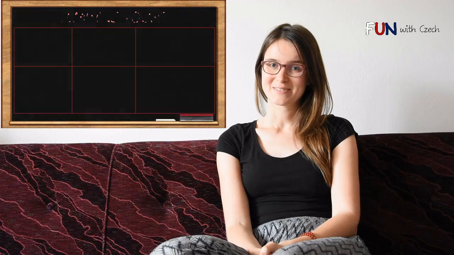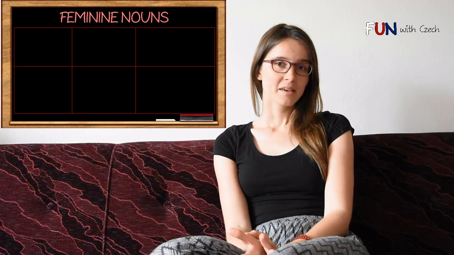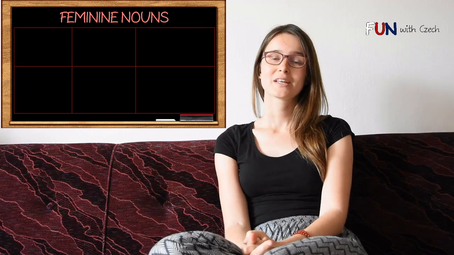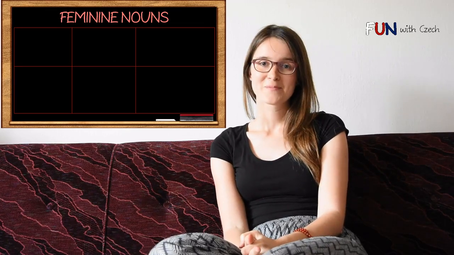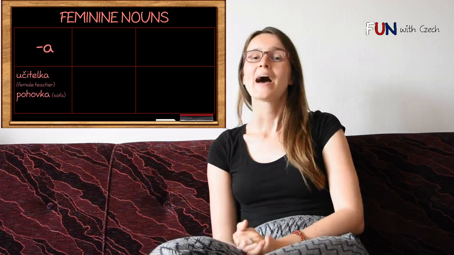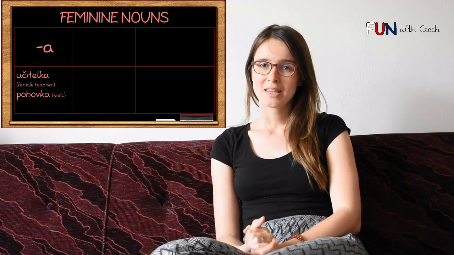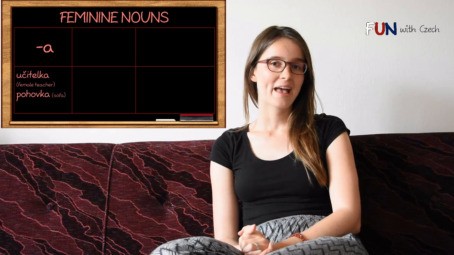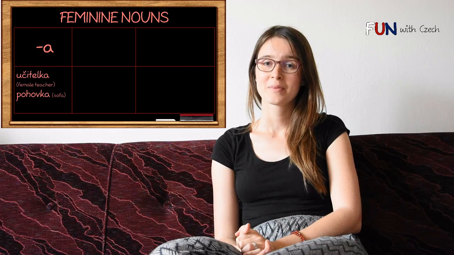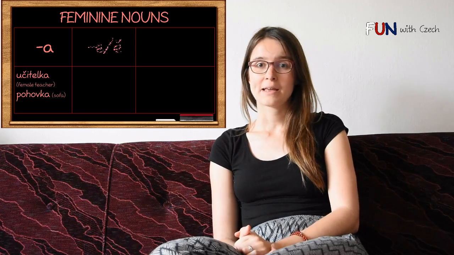The second group we are gonna analyze are the feminine nouns. The feminine nouns, as we've already said, usually end with a. A is the typical ending for feminine nouns. However, feminine nouns can also end in e or ě, just as the neuter nouns.